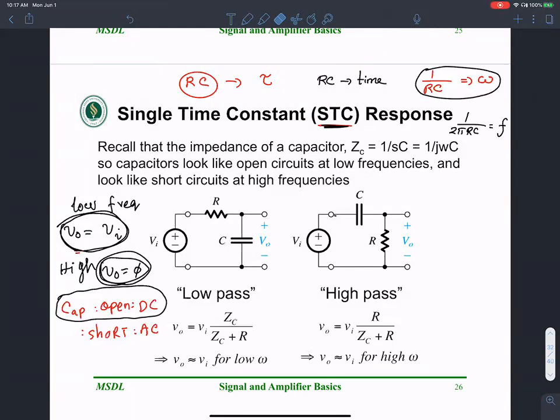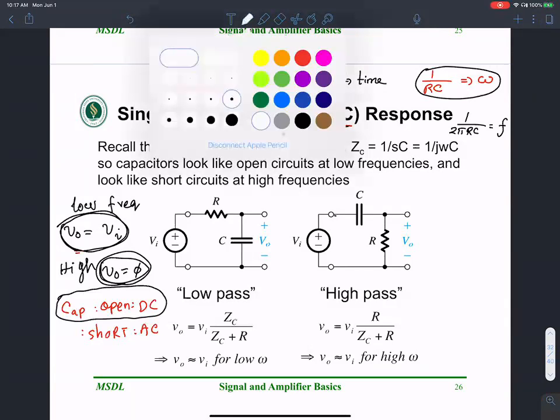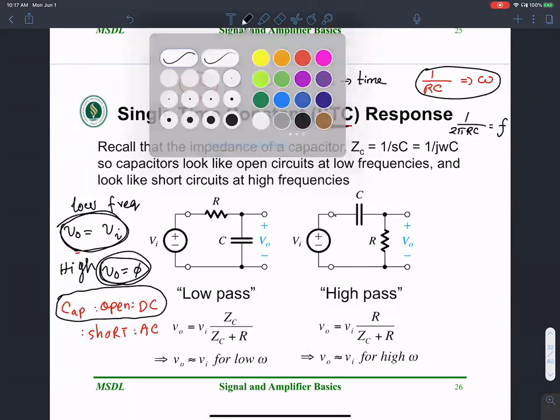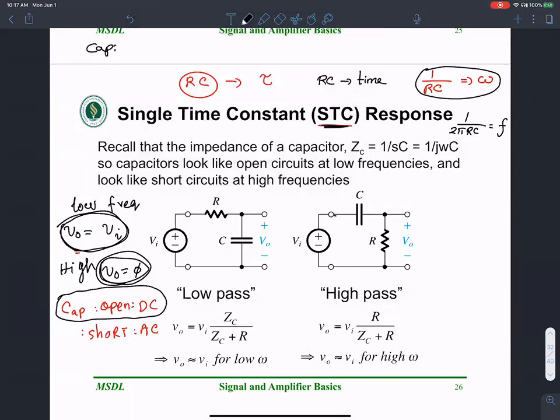So it's a low pass action. It's all based on the idea that a capacitance acts as an open circuit to DC, and as a short circuit at high frequencies. So that's the idea.